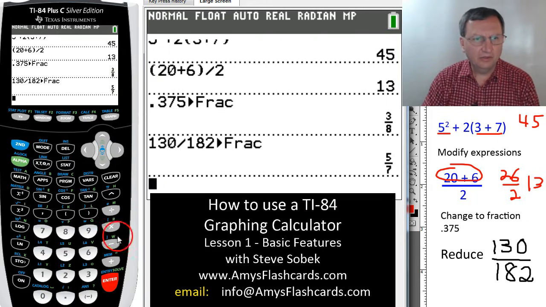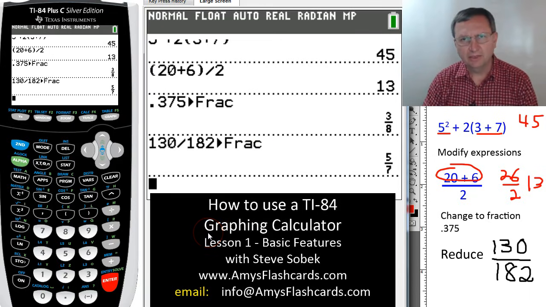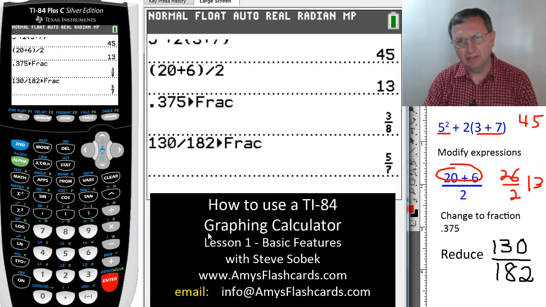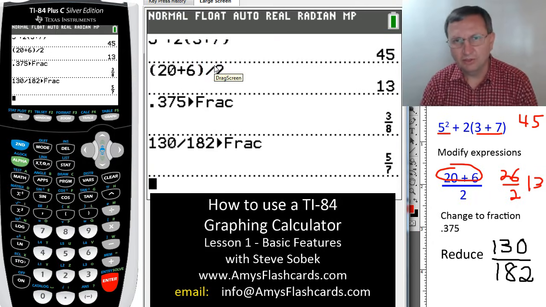All right, I also want to mention that sometimes after you've hit the enter key, you realize that you've made a mistake. You typed it wrong, and you're thinking, oh, I'm going to have to type it all over again. Maybe it's a longer expression, like maybe the first expression that we did way up here, or much longer than that.